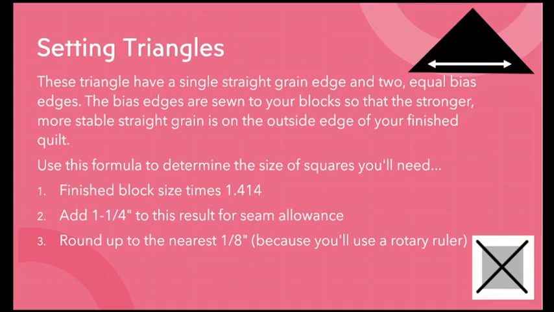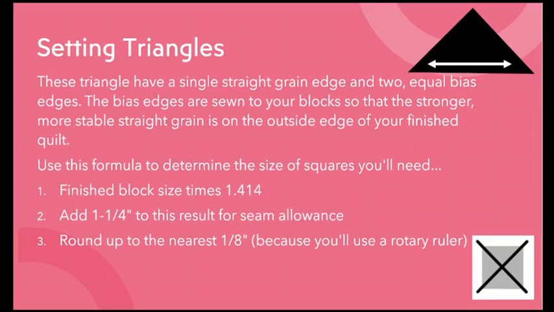If you look at the square in the lower corner here, all of the outside edges of this square are going to be the straight of grain. The top and the bottom would be, for the most part, length of grain, and the two side ones would be crosswise grain.